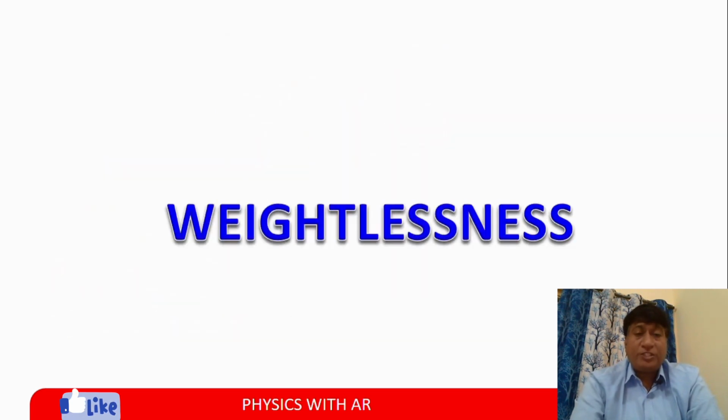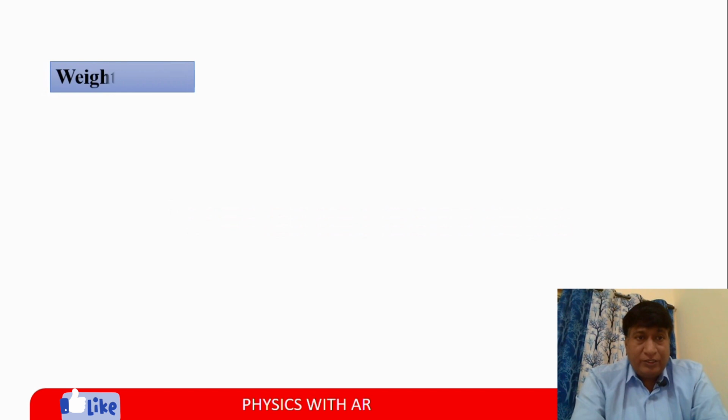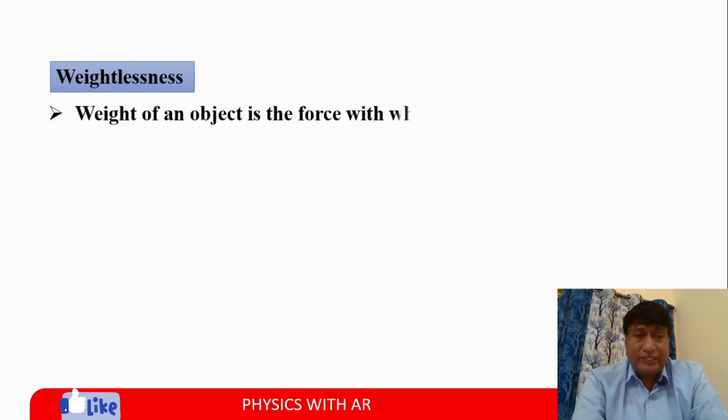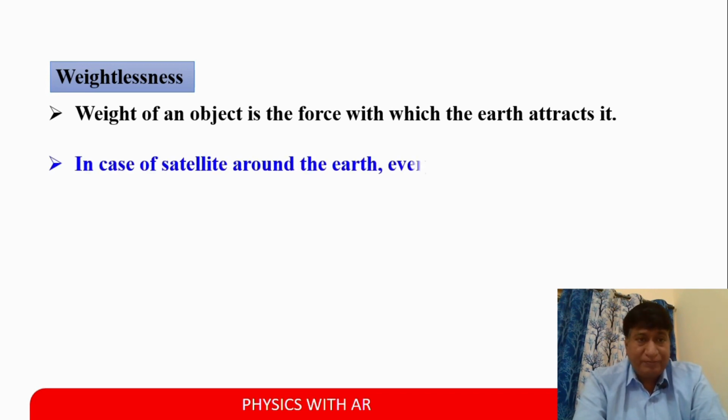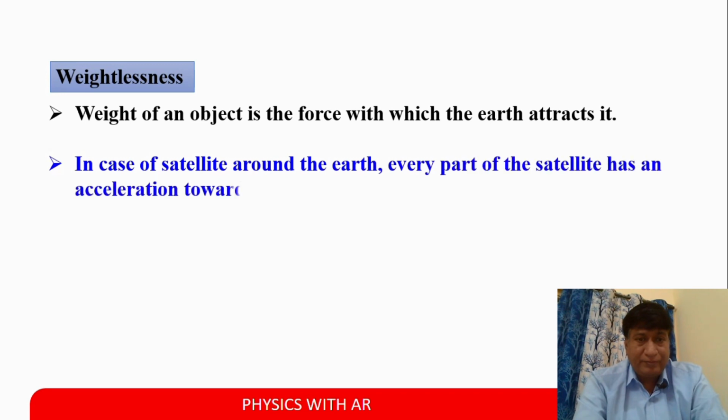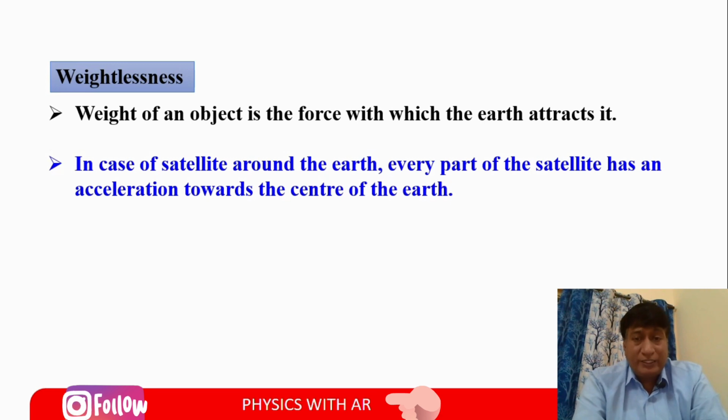The further concept is what you can call weightlessness. Regarding weightlessness, the weight of an object is the force with which Earth attracts it. In the case of satellites around the Earth, every part of the satellite has acceleration towards the center of the Earth.